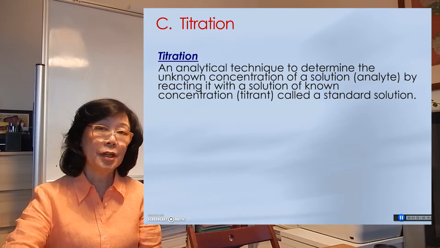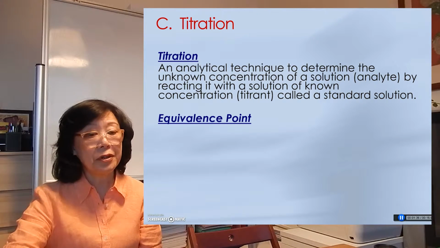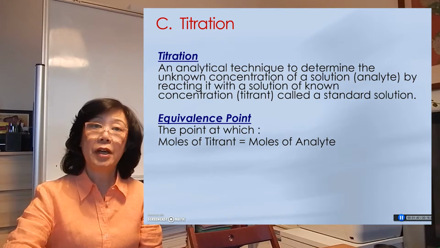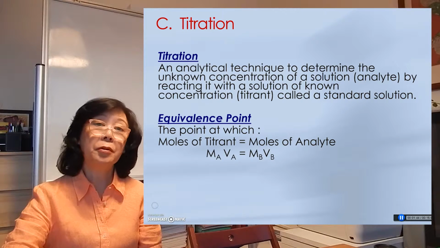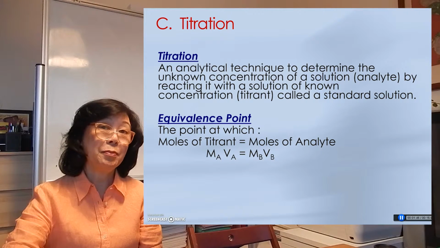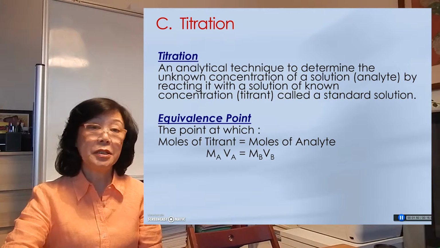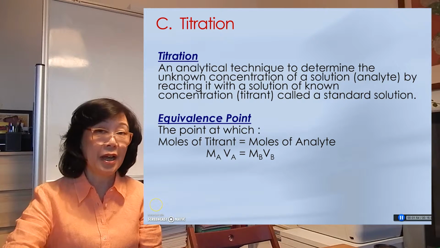potassium hydrogen phthalate. Now, the equivalence point is obtained when the moles of titrant is equal to the moles of analyte. So if your moles of titrant would be the base, that's molarity times volume of the base, is equal to the moles of the analyte, the acid, molarity times volume of the acid.